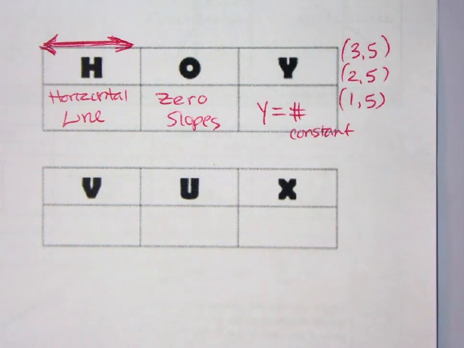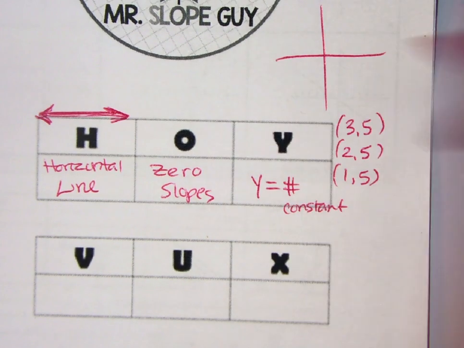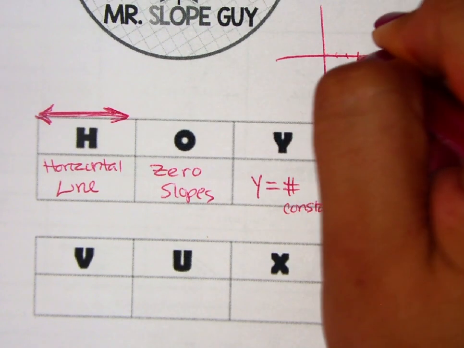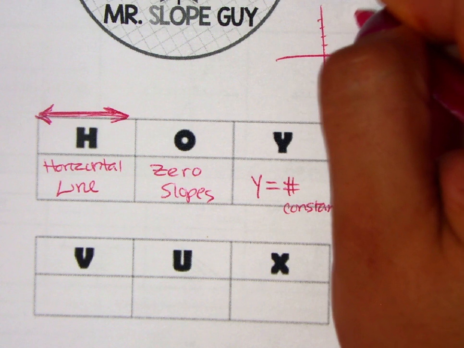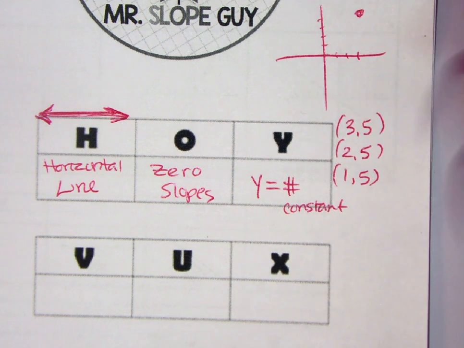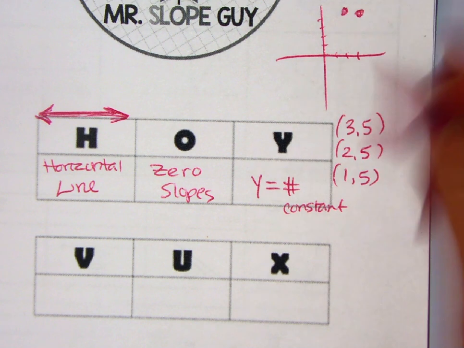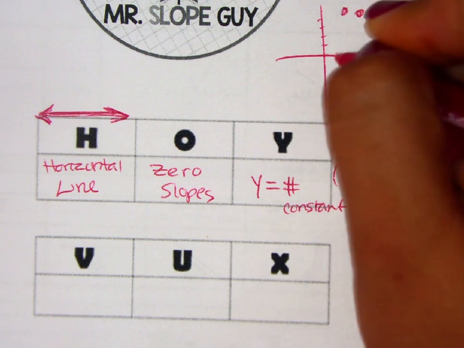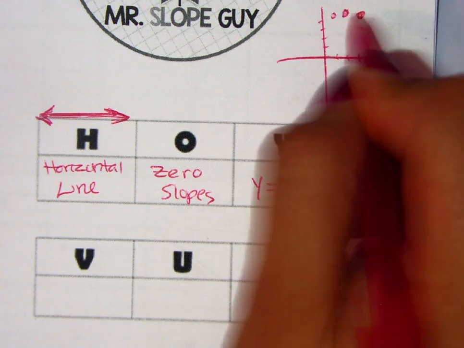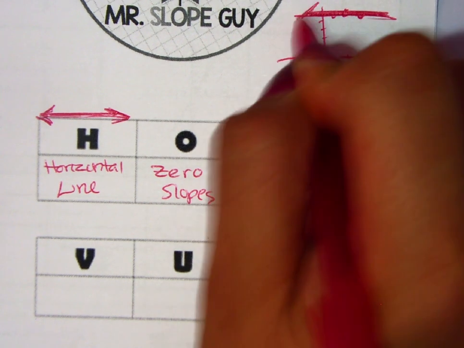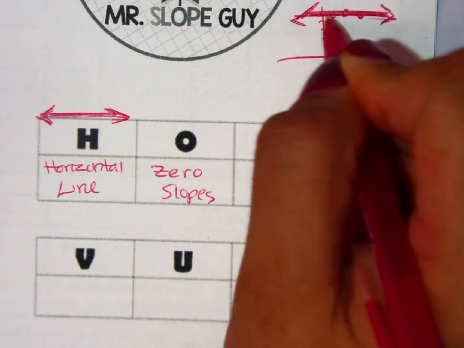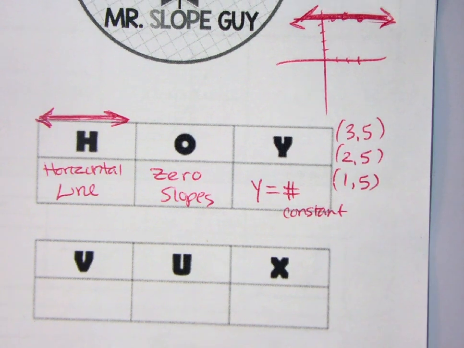The way we will plot that is by sketching 3 on the x, 5 on the y. 2 on the x, 5 on the y. 1 on the x, 5 on the y. So if you notice, it created this horizontal line touching when y equals 5. So that's the visual of this.